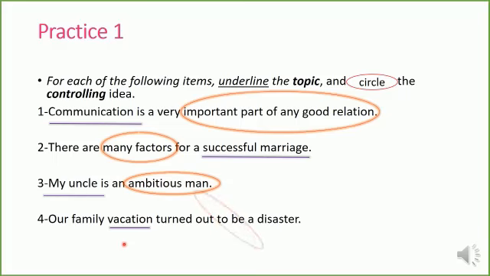Okay, so the topic is about the vacation and the controlling idea is how this vacation turned out to be a disaster. So if I want to write here a paragraph, it should be about what? About the vacation, in specific, about how this vacation turned out to be a disaster.